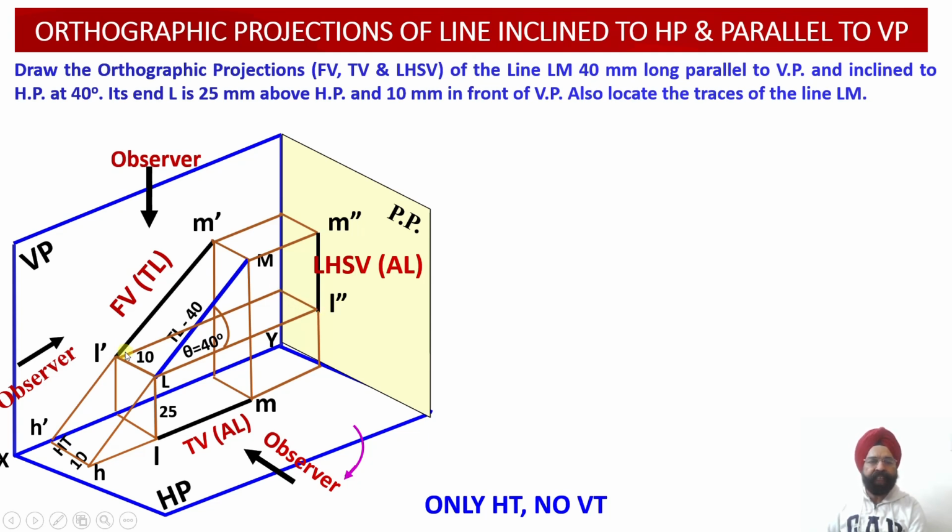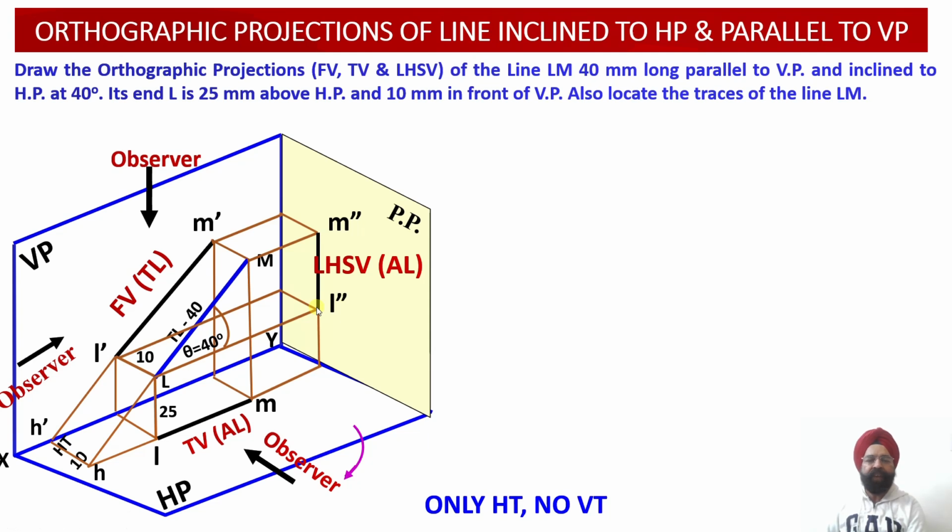For that purpose we need to draw these 2 construction lines so that the similar relationship between the front view projections corresponding to the point L and the side view projections corresponding to the point L can be obtained over here.